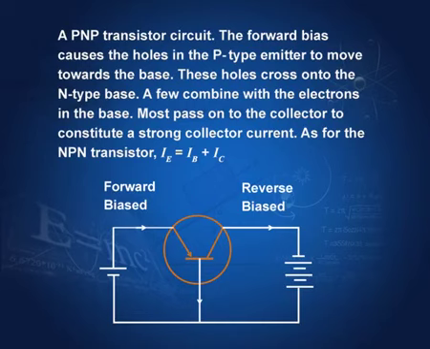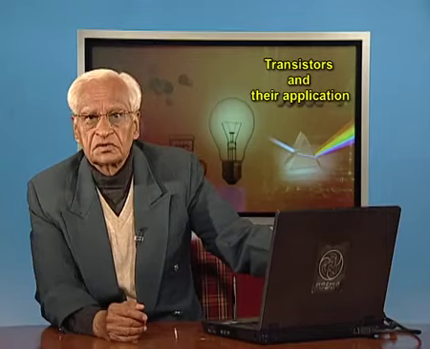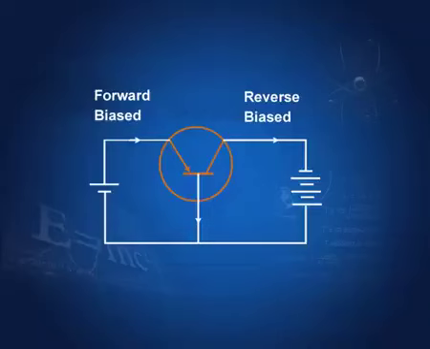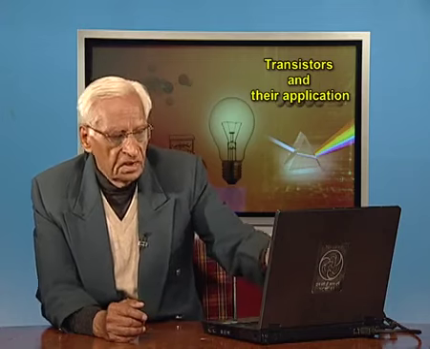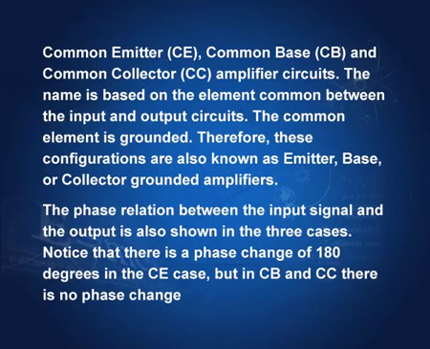These two currents are going out, and therefore IE is equal to IB plus IC if you use Kirchhoff's law. If you consider this as a point, the current entering is IE, and going out are IB and IC. Therefore IE must be equal to IB plus IC. Again, we shall do that in detail in the next lecture.